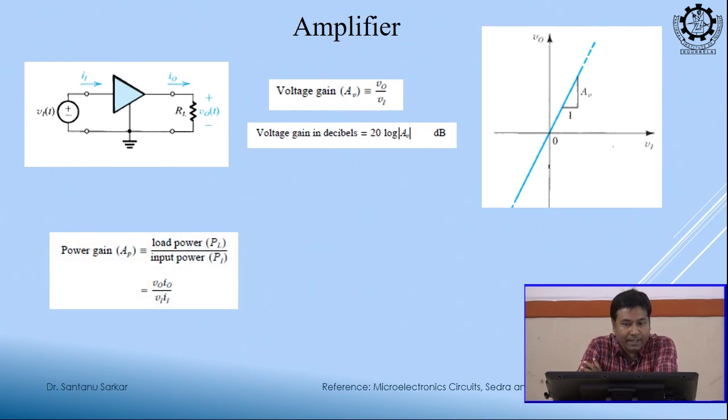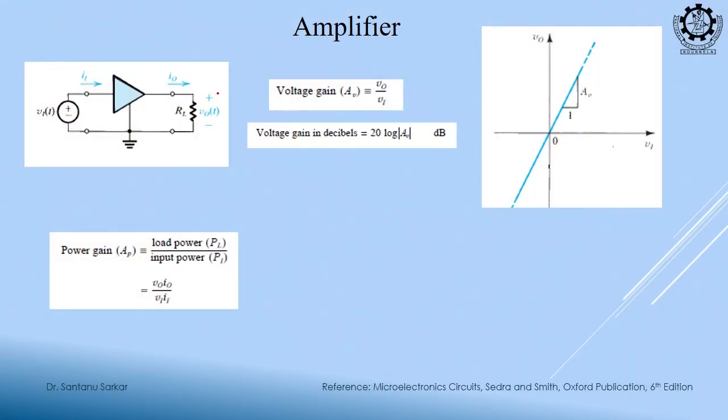Now, we can also have a power gain, right. So, what is my power gain? Load power, this is my load, right, and this is my source, okay. So, what is my voltage gain? You already understand that it is providing a gain, output voltage is higher than input voltage. Does it necessarily tell that you will also be having power gain?